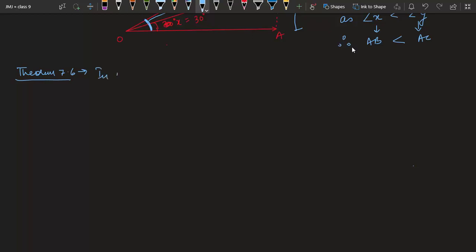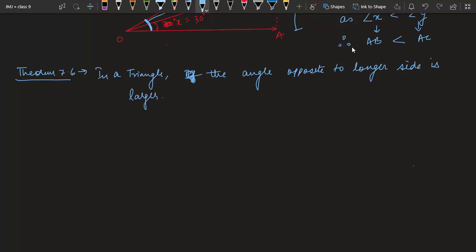So, in a triangle, the angle opposite to the longer side is larger. So, the angle which is opposite to the longer side is larger, and its converse, that is theorem 7.7, is the converse of it.